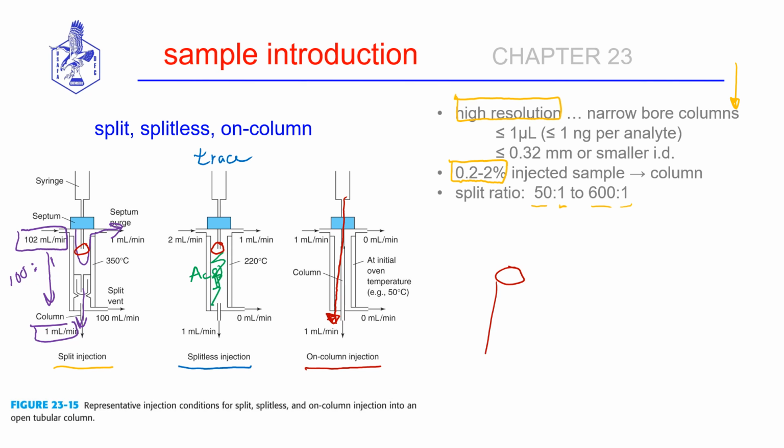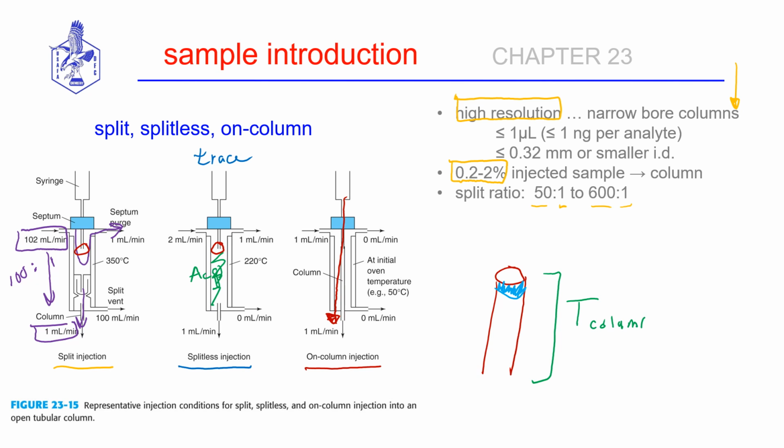So if it's in a liquid form, it's sitting on the column in liquid form. If it was gaseous, it's sitting on the head of the column in the gaseous form. This is a way of pre-concentrating your sample and allowing it through the temperature. Remember, we're controlling the temperature of the column.